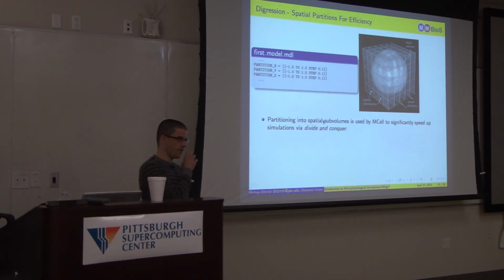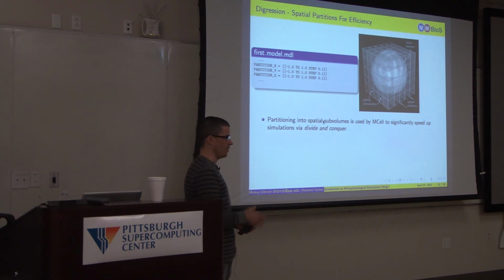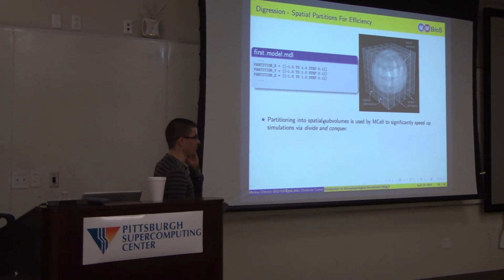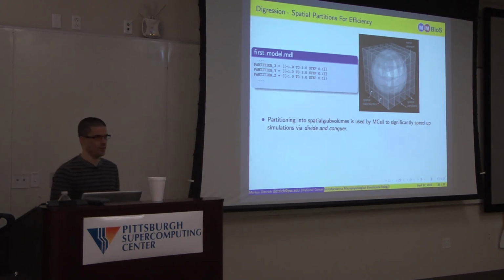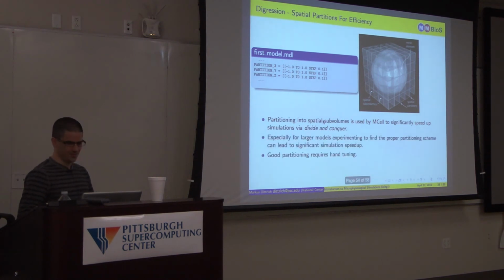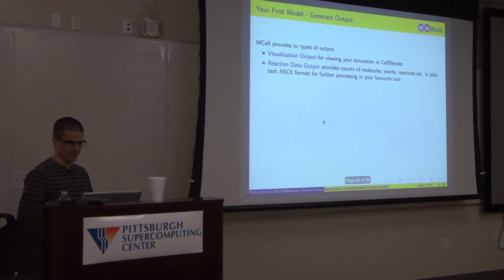Especially if you have large models, this can save you a factor of 10 or even more in simulation time. So if you have bigger models, it's quite important to spend some time fiddling with that. I'll talk more about this this afternoon, so don't forget about this. By default, it's not going to be optimal, unfortunately. For the giant model I'm going to show you, it literally speeds up by a factor of 1 million.